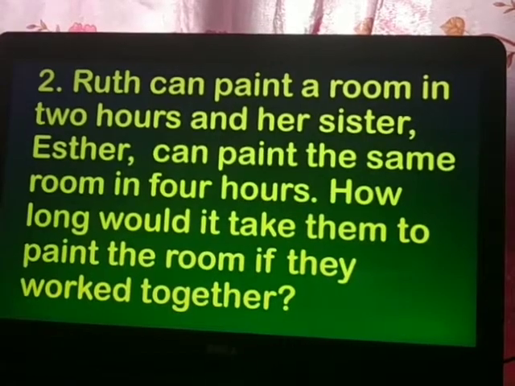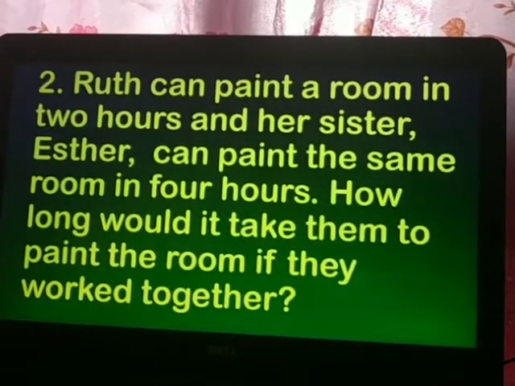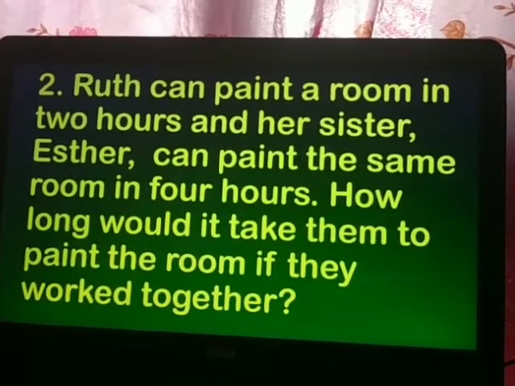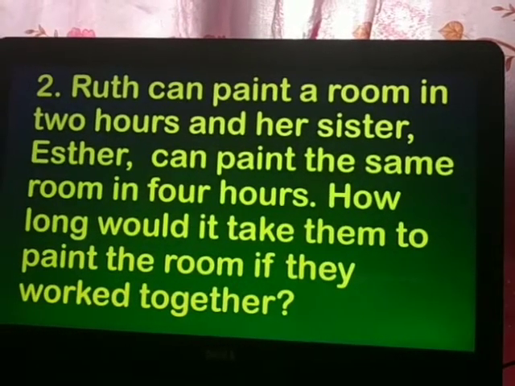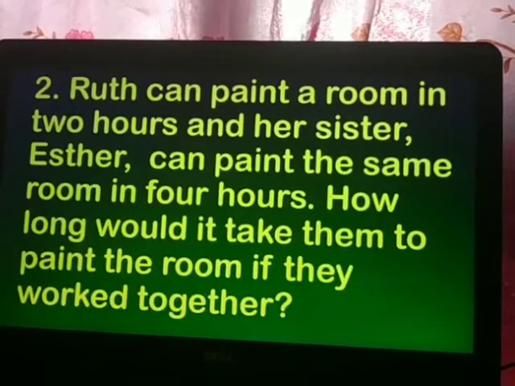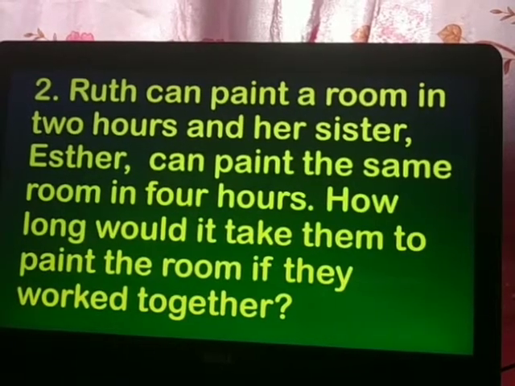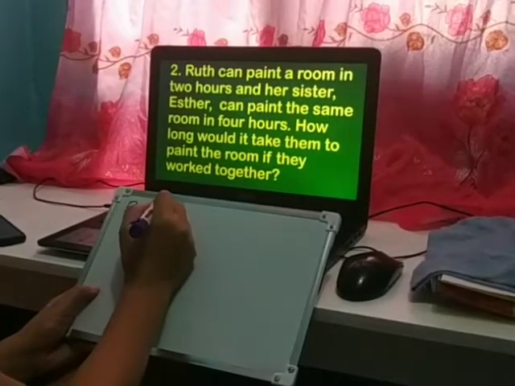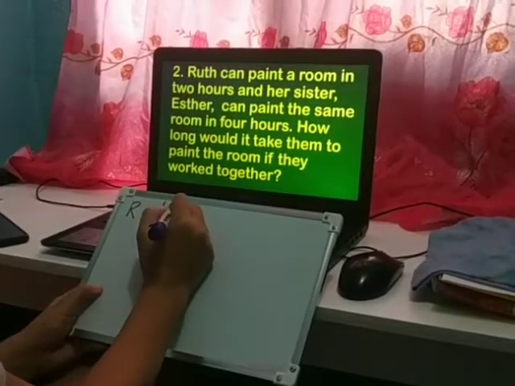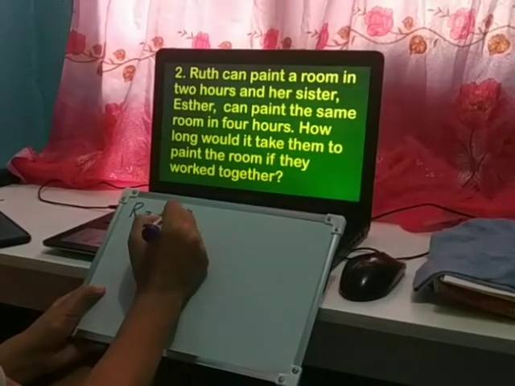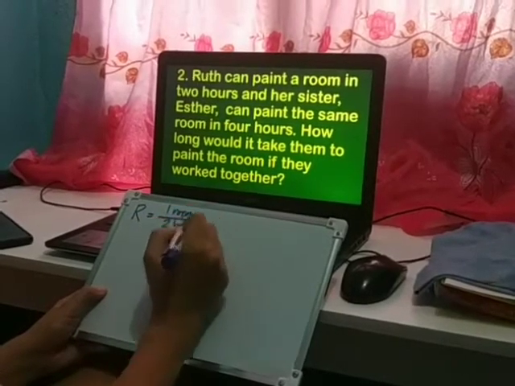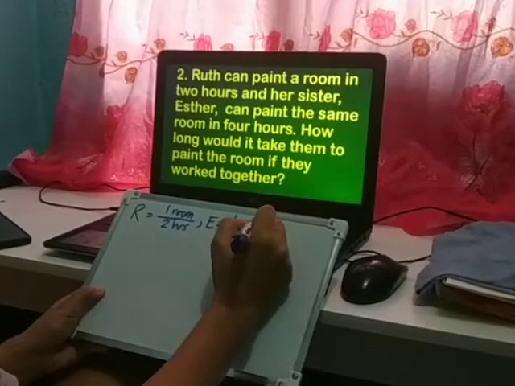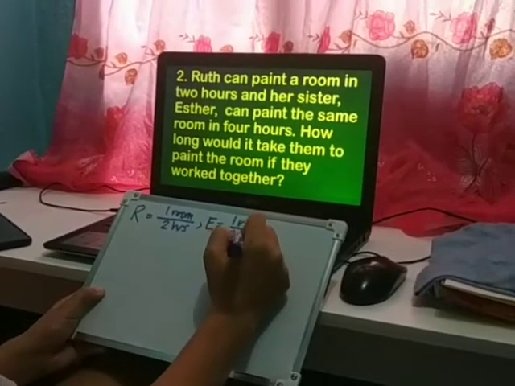And so, the second step is to represent our unknown with your favorite variable. My favorite variable is x. And so let us represent. Ruth can paint 1 room in 2 hours, while Esther can do 1 room in 4 hours.